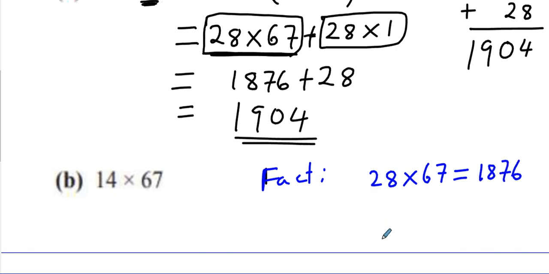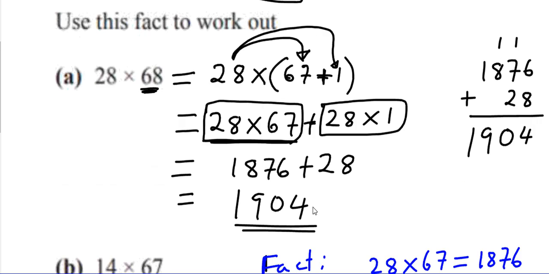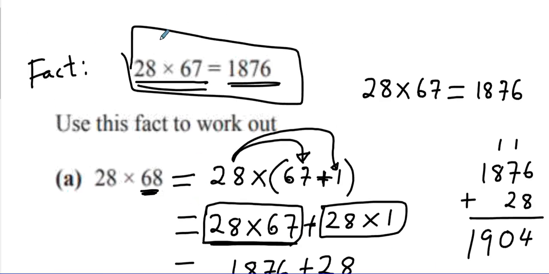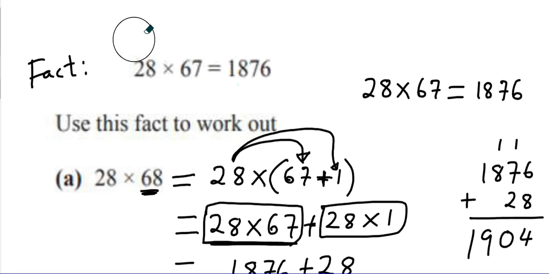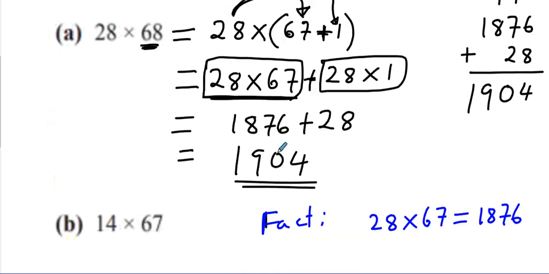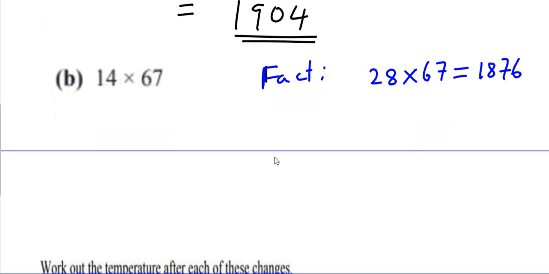This is the fact. Let me check if I took it correct. Yes. The fact is correct. 28 times 67 equals 1876.